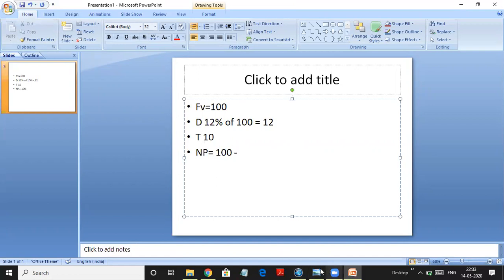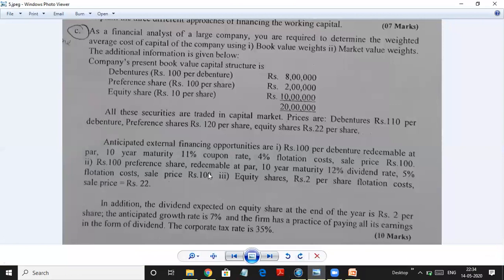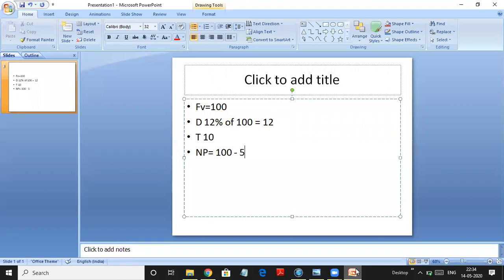I have taken 100 as the sale price, the price that we'll receive after selling the preference shares. So minus 5% of 100, you will get 95. So this is the net proceeds.